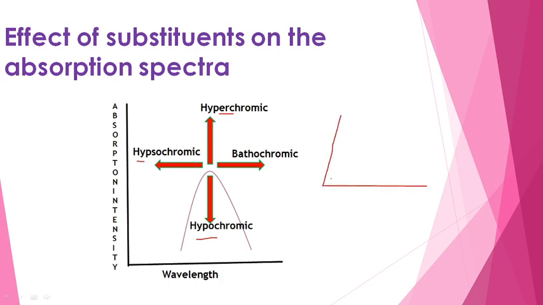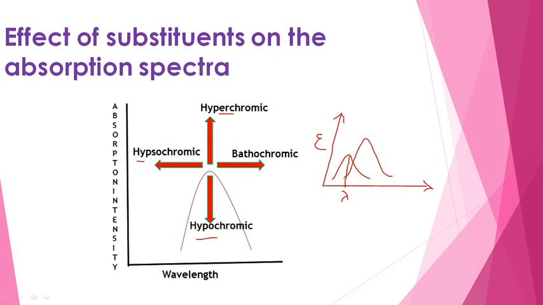Suppose this is the absorption curve of a compound. If on changing some factor, such as the polarity, you observe the absorption curve like this, so this is before and this is after. Before, this is the lambda, because lambda values are taken on the x axis, and this is epsilon.